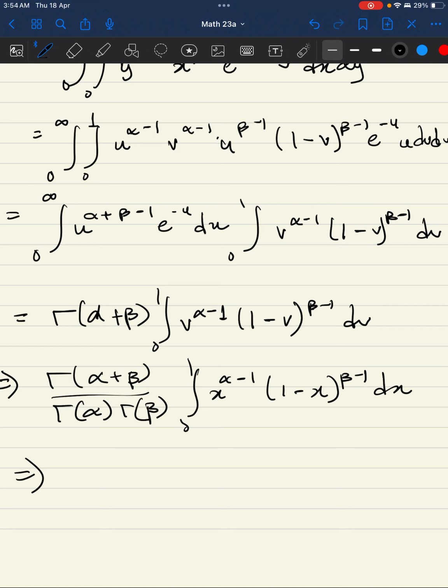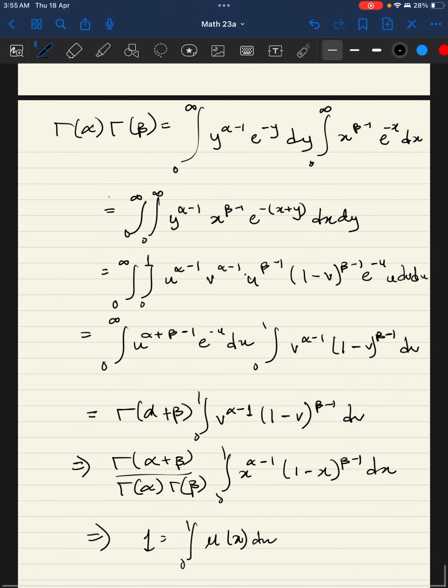This would then imply that 1 is equal to the integral from 0 to 1 of the probability density function over dx, and that equals 1. Thank you.